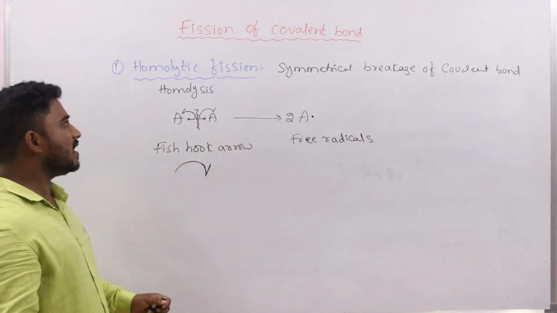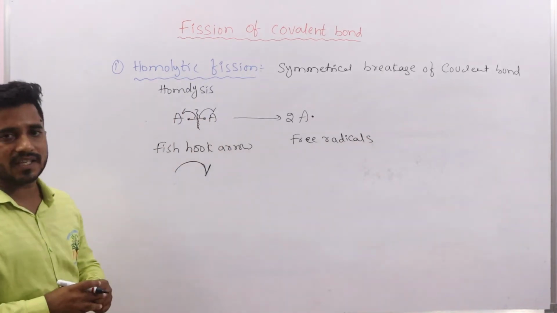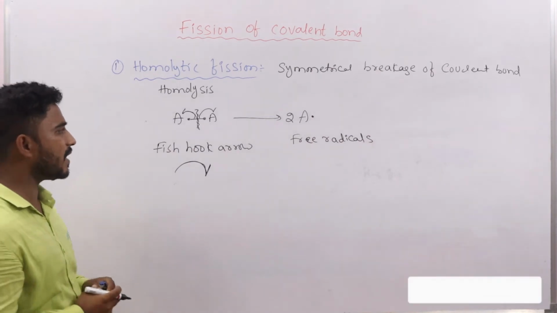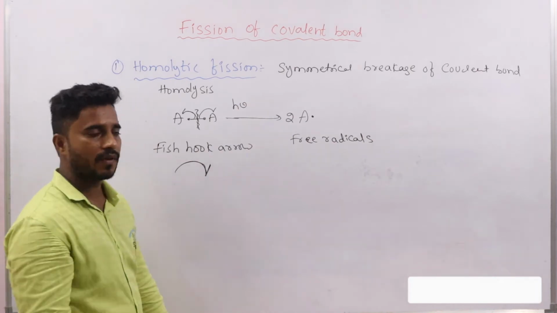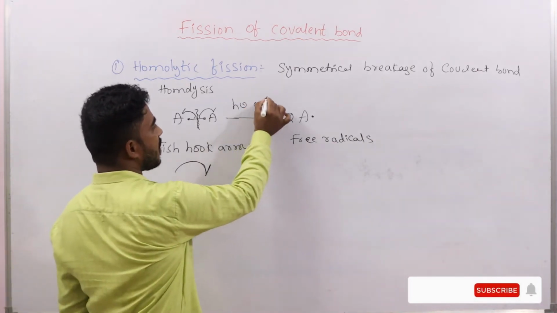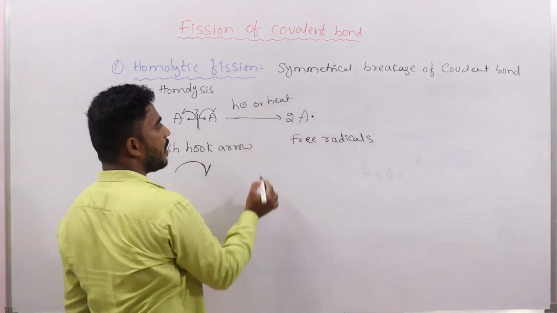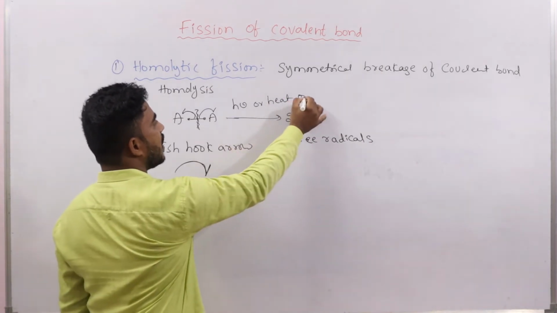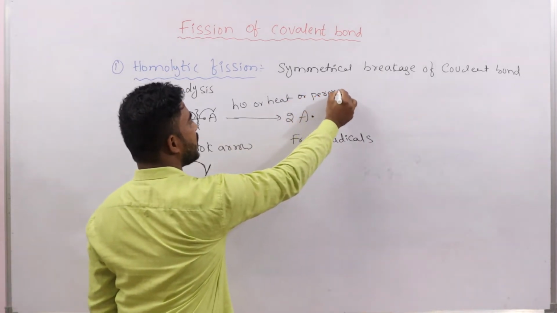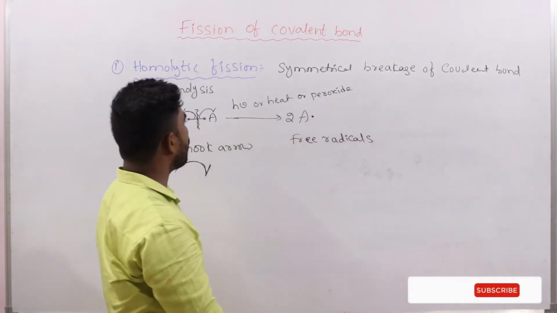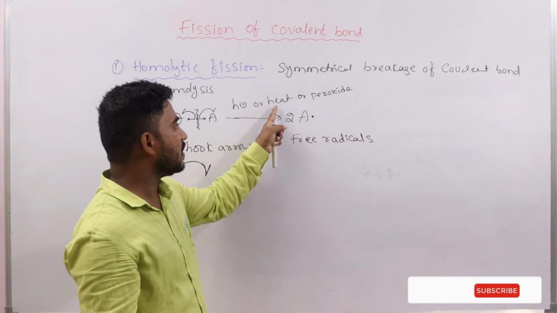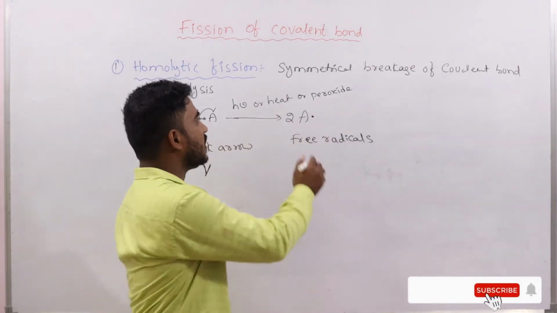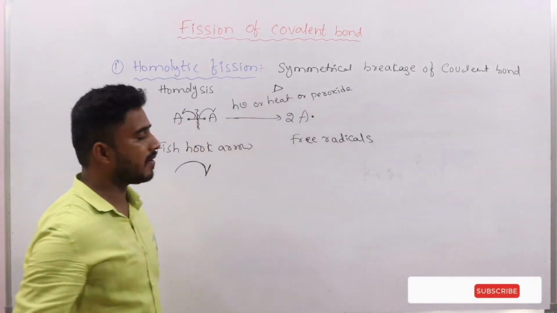This homolytic fission takes place in the presence of light (h nu), or heat, or peroxide. Any one of these conditions is required to show homolytic fission or homolysis. Here h nu means light, and heat is indicated with delta.